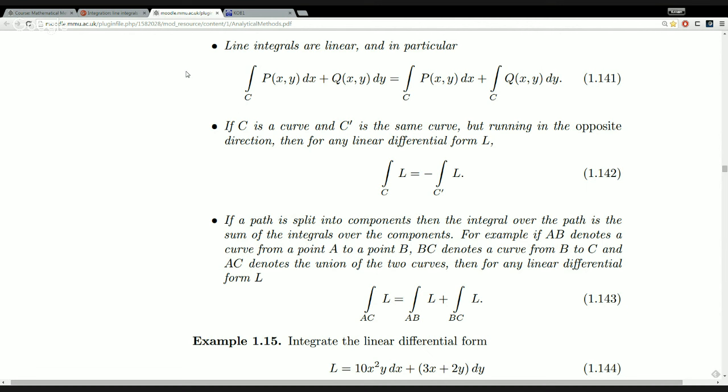So the integral along D to B of this linear differential form, which we've written out a few times now, is 2y dy.